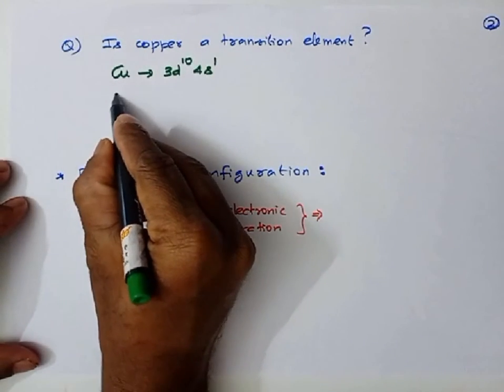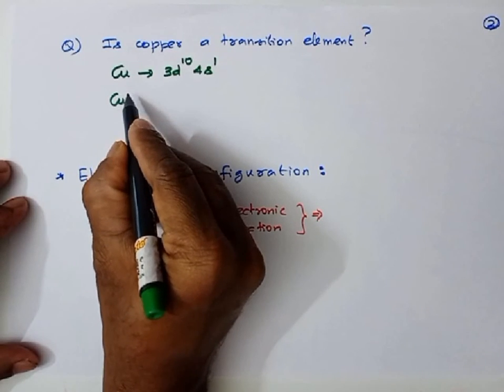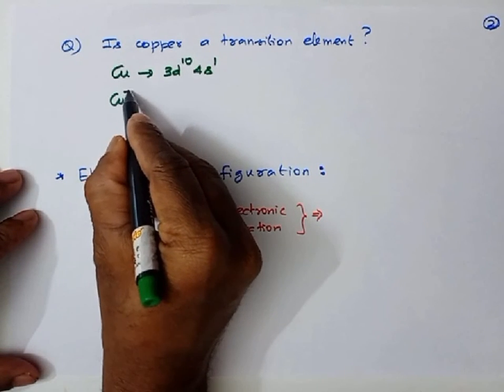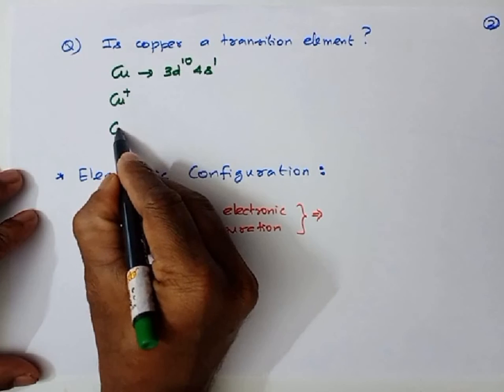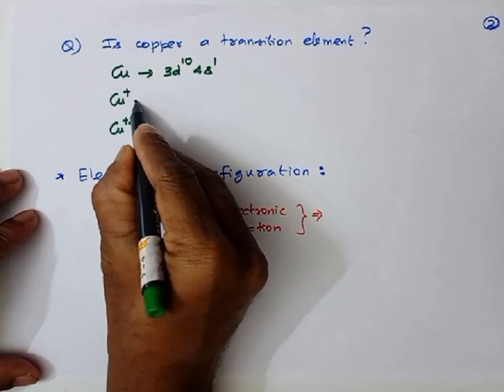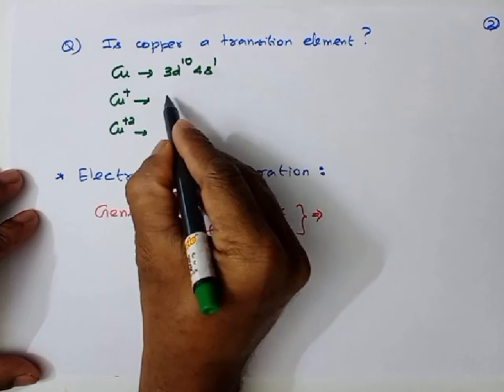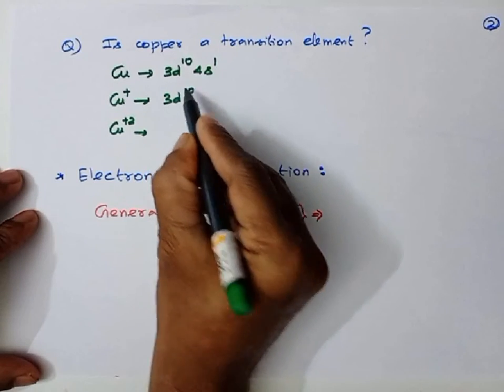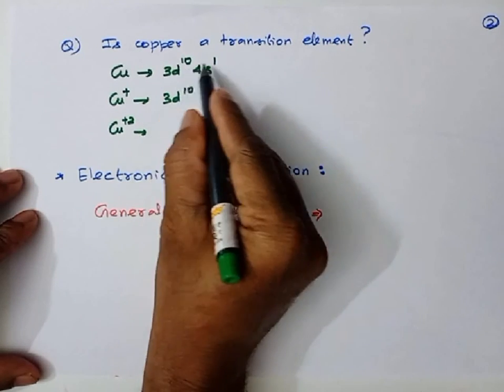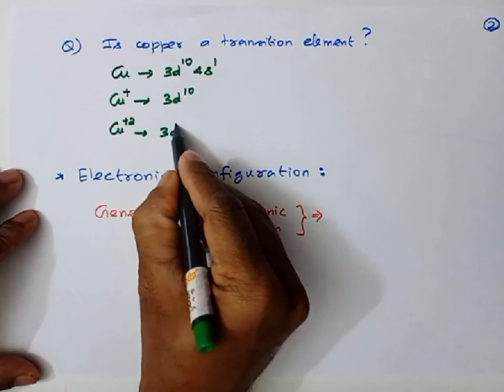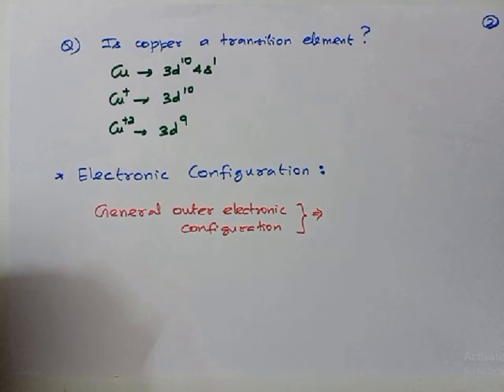Copper exists in two common oxidation states. It exists in +1 state as well as +2 state. +1 means we should remove 1 electron, so we'll get 3d10. +2 means we should remove 2 electrons from the neutral atom, you'll get 3d9. Students, can you tell me, is copper a transition element?